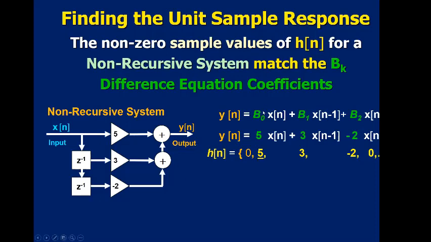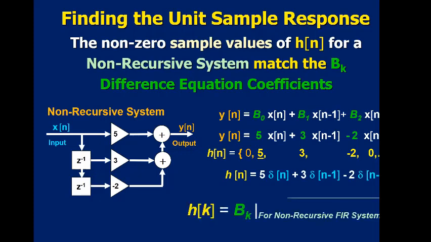Each time it picked up one of these coefficients at a time and made it part of the output. And that is also the characteristic of a non-recursive system. The values of the unit sample sequence are always the same as the B coefficients in the difference equation.